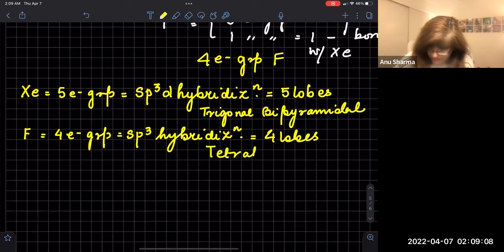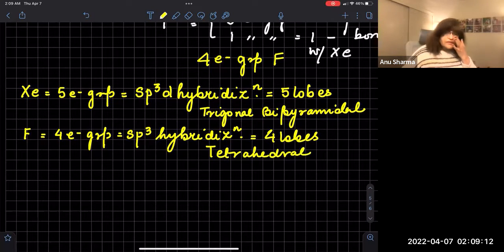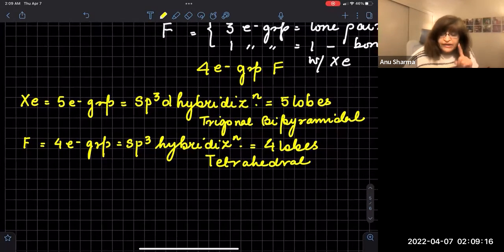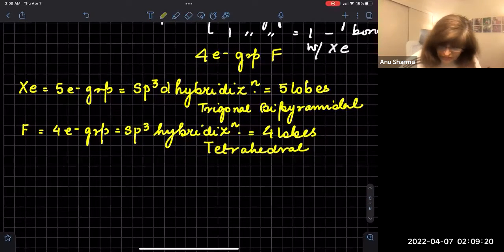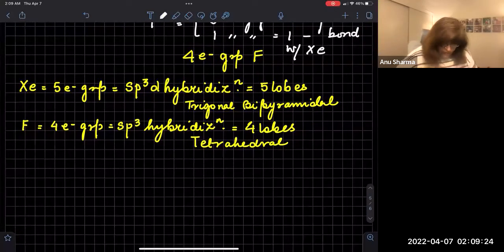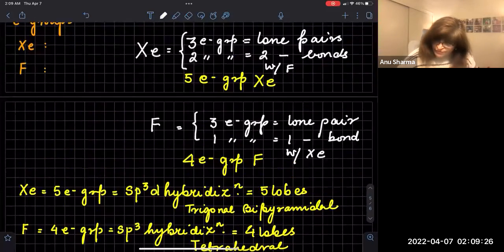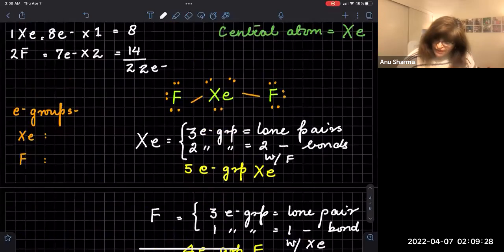So everything you need to know about making these molecules, the structures, all this comes from basically writing the right Lewis structure and then getting the right electron groups, and everything else falls in place after that. Okay, so let's start doing this now. I'm not doing the energy diagrams here. I'm going to just straight away draw this.